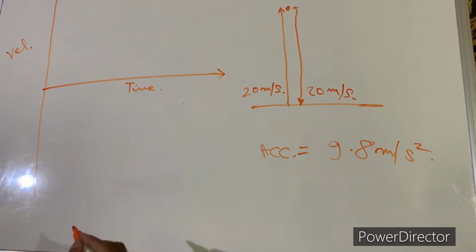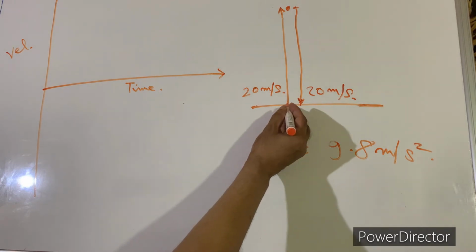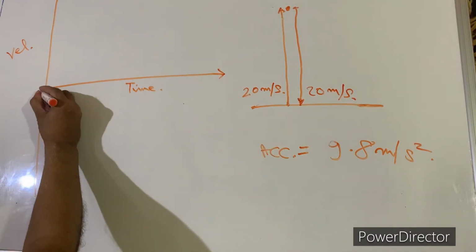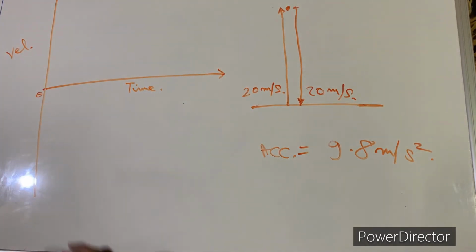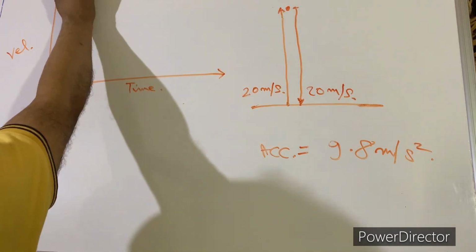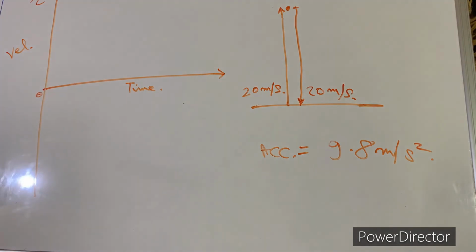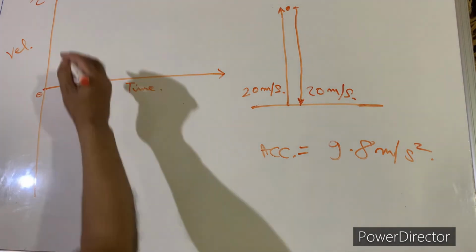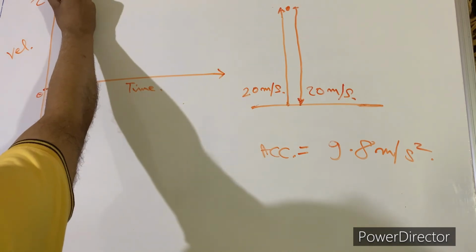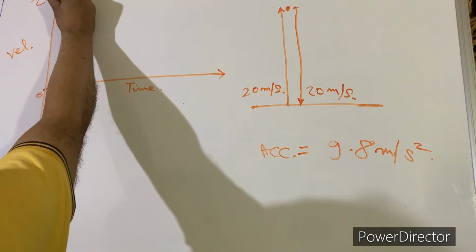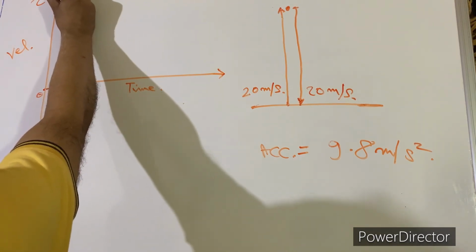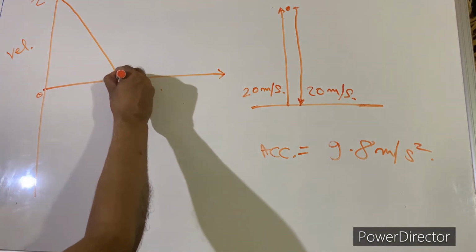Initially, when the time was 0, we threw it up with a velocity of 20 meters per second. Suppose this is 20 here on the y-axis. It will have a constant acceleration due to the earth's gravity, so it will be a straight line, isn't it?